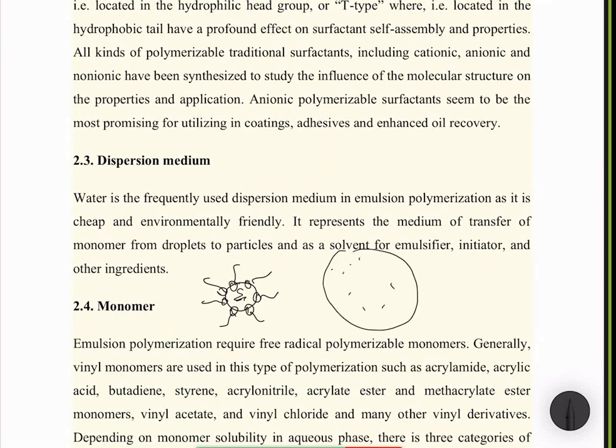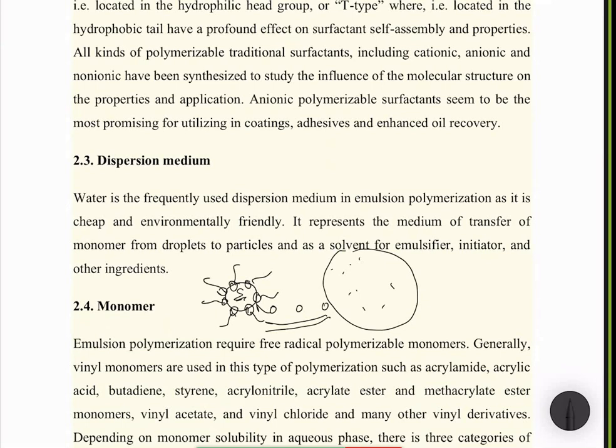So during polymerization, the monomers get transferred from these monomer droplets to the locus of polymerization, that is within the micelle, through the dispersion medium, that is water.